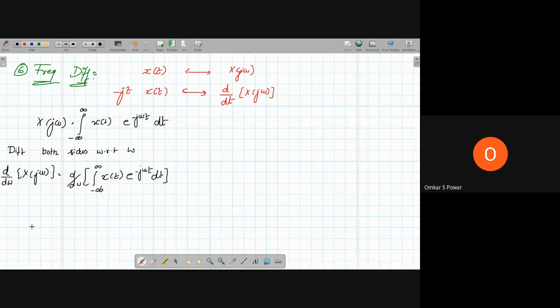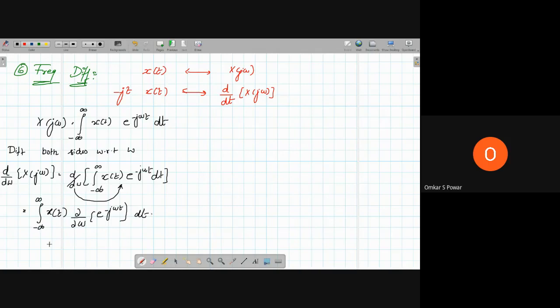What we will do here again: integral from minus infinity to infinity, x(t) I will keep as it is. I will bring this differentiation term inside, and at that time it becomes a partial derivative. So ∂/∂ω of e^(−jωt), and dt will remain as dt.